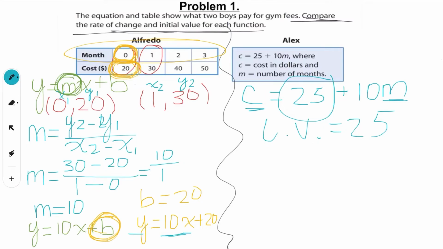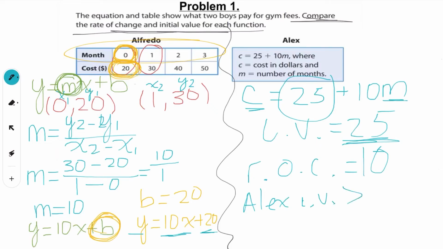And his rate of change is equivalent to 10. So I see that Alex has an initial value of 25 and Alfredo has an initial value of 20. So Alex's initial value is greater than Alfredo's initial value.